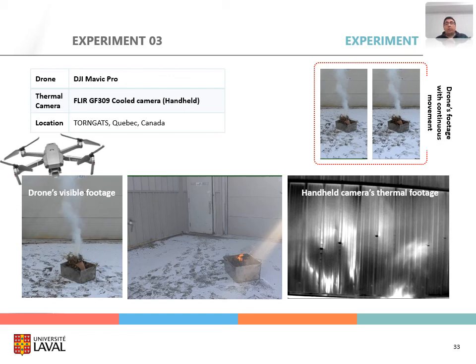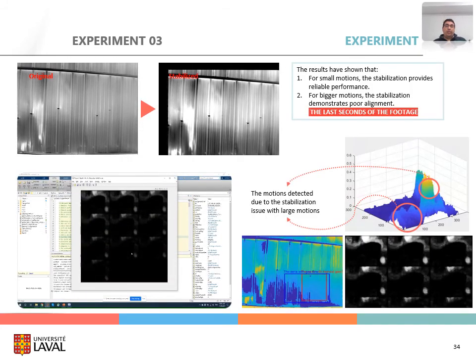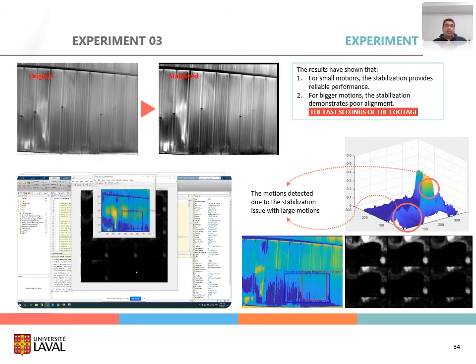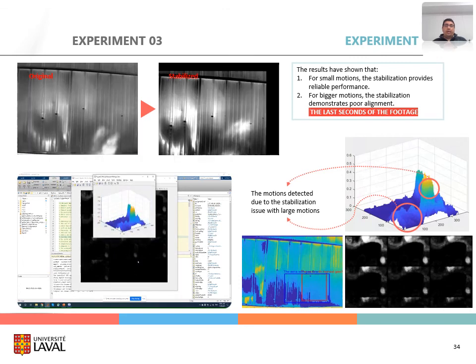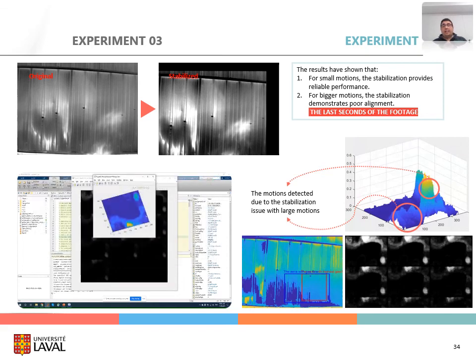Also, we use the results for testing and evaluating the gas leak detection, as you can see here, the stabilization method, and what was the result of the combination of the stabilization method and the gas leak detection method, both presented in this study.